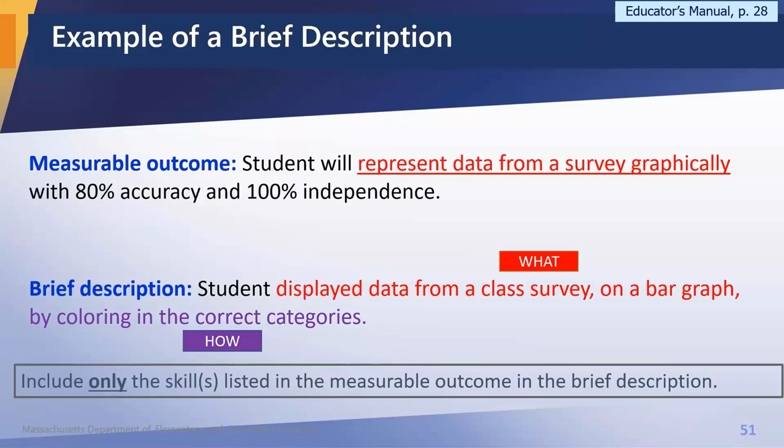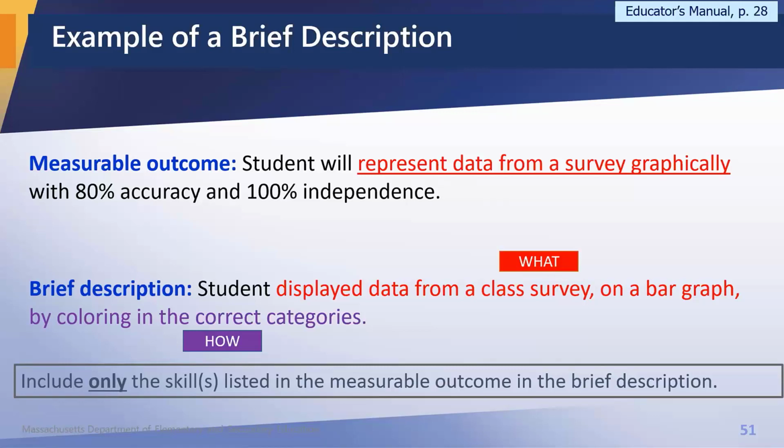What I want to maybe call a highlightable moment is include only the skill listed in the measurable outcome in that brief description, because that's what we're taking the data on. In this case, we want to represent data from a survey graphically. That's what we're doing. So down below, we talked about displaying data from a class survey.